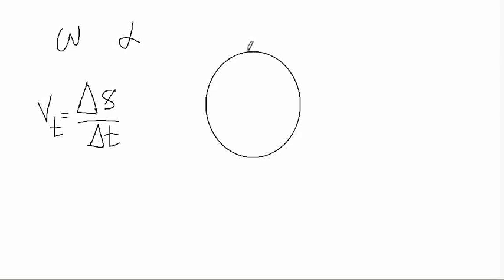Let's suppose this blue object is moving along this black circle, and so v sub t, the tangential component, will tell you how many meters per second, if that's the units that you're using, how many meters for every second that the blue object moves along the circle.